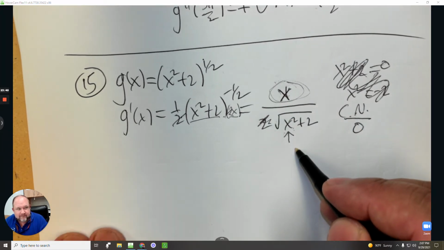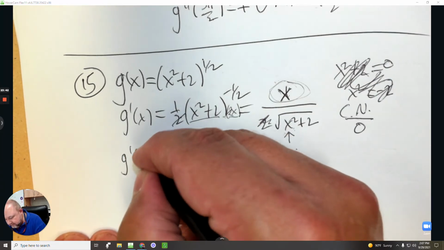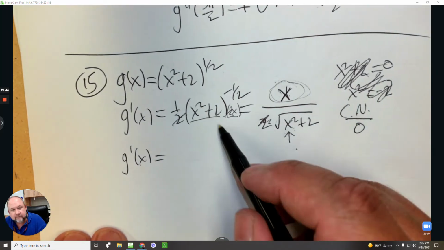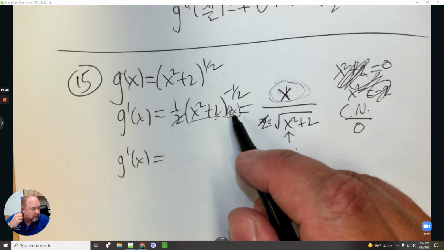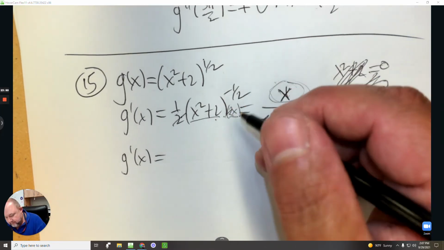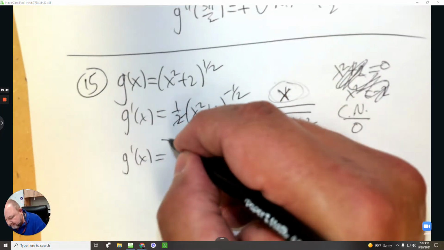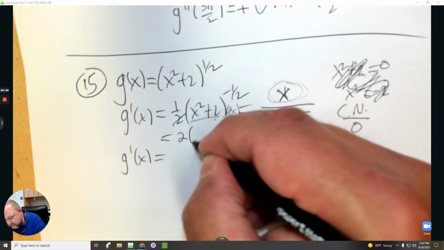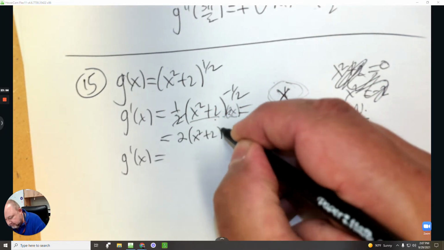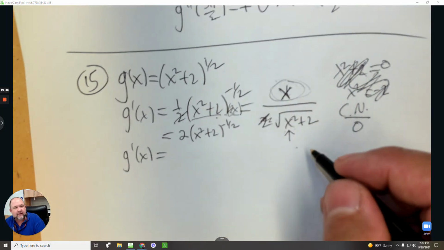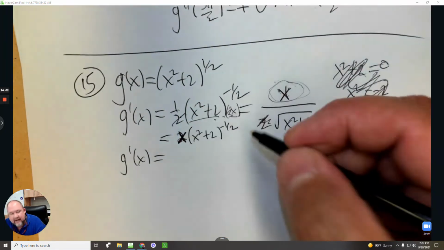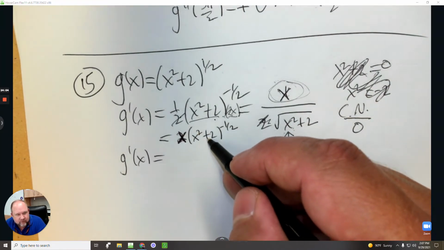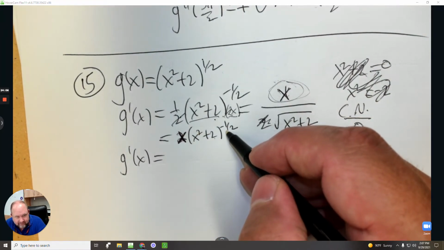Now, the second derivative. So for the second derivative, I need the product rule. So just to remind myself again, this is just 2 and x squared plus 2 to the negative a half when I simplify it. No, the 2's cross out. This is just x and then x squared plus 2 to the negative a half.